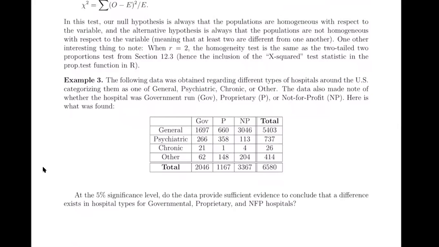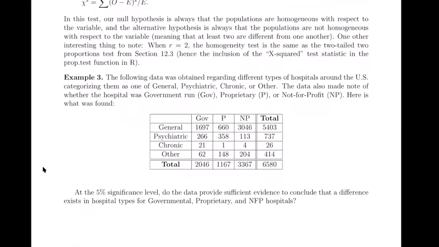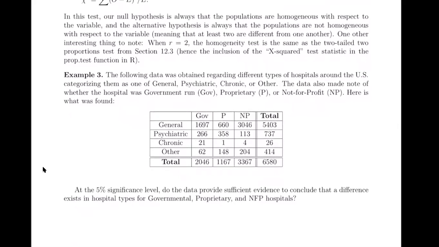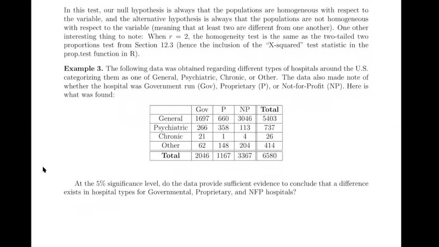This is data that was obtained regarding different types of hospitals in the US, categorizing them according to basically 4 categories: general, psychiatric, chronic, or other. And then the data also made note of another variable, which was how it was organized. Was it government run? Was it proprietary, meaning that they were going for profits? Was it not for profit? And then here's what they found.